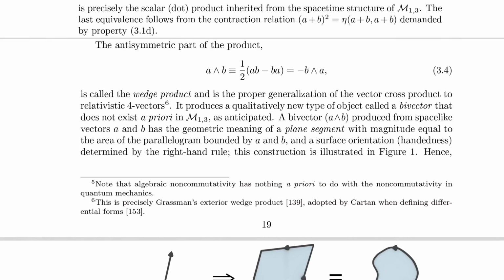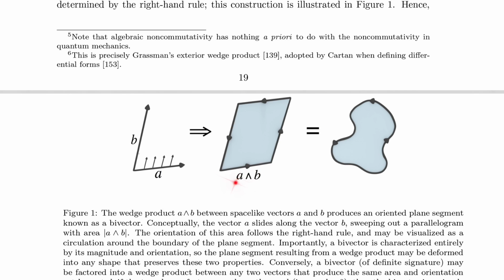And when we examined that, we decided to interpret this anti-symmetric part of the spacetime product as this circulating area that has no particular shape, but is defined as the vector A swept across the vector B, and that would define a little region in the plane. But if you take this too literally, you end up with this sort of parallelogram shape. But in principle, as the authors point out in this picture, the shape is arbitrary. In fact, the shape is not even arbitrary. There is no shape. It's just an area.